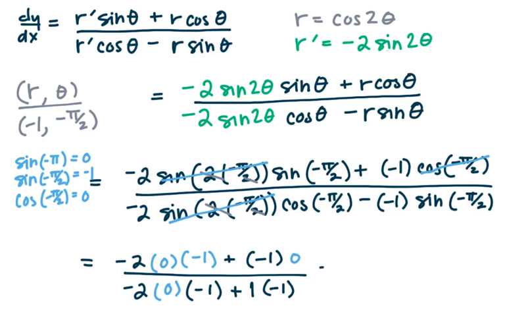Simplifying this, we end up with 0 over 1, which is 0. This is a horizontal slope of the tangent line at that point on our graph.